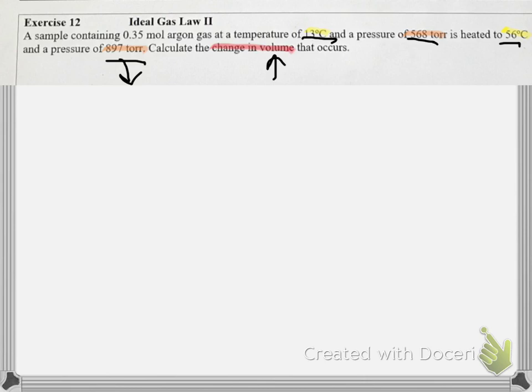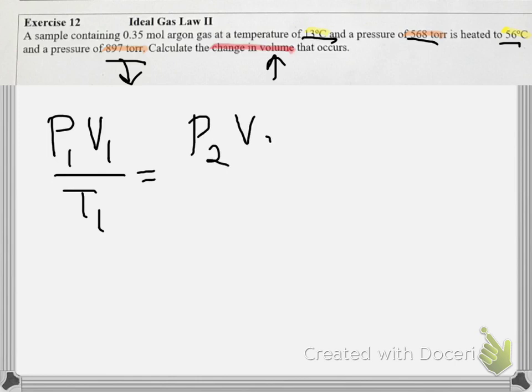I do know a lot about the relationships between pressure, volume, and temperature, though. I know that P1 times V1 over T1 has to equal P2 times V2 over T2.